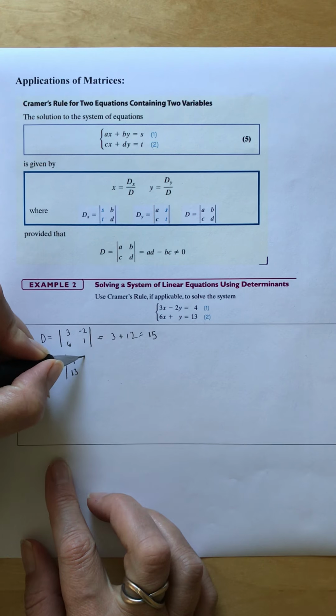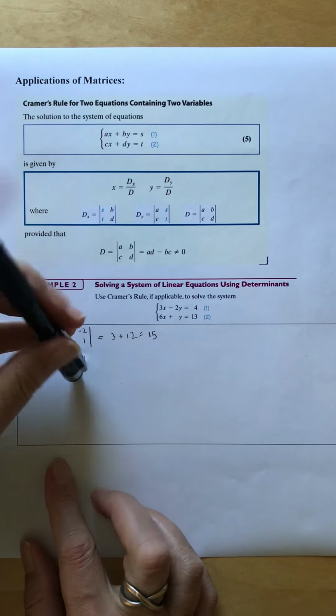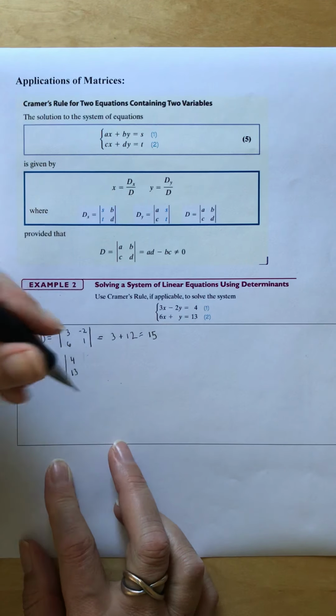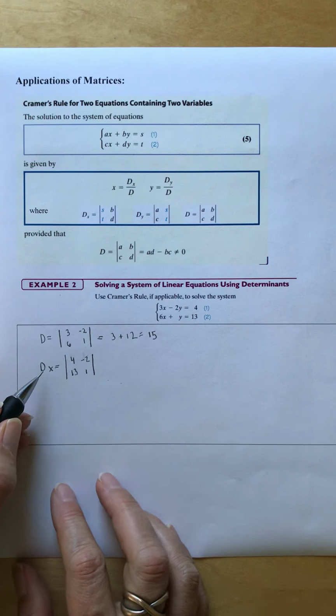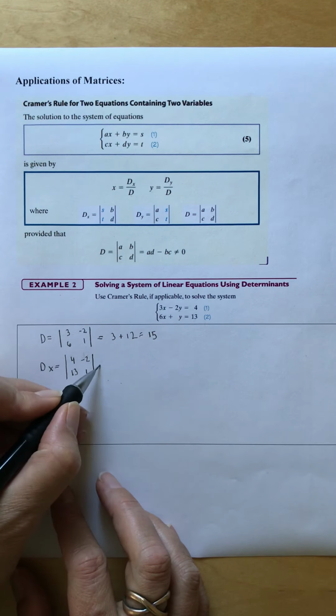So you don't use the x's, and b in this case is -2, and 1.